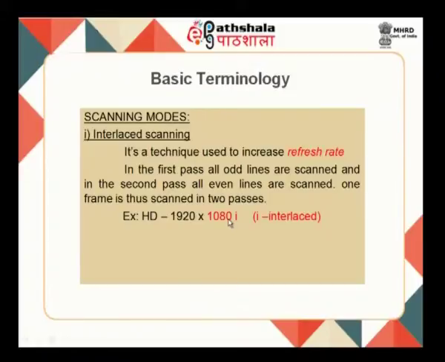The 1920 indicates the number of pixels along the width, and 1080 the number of pixels along the height. There is one important character by the side of 1080, which is I, and the I indicates interlaced. If you ask for an HD TV, they might show you a 1920 by 1080i display device. That means the display device uses the interlacing technique to refresh the screen as many times as per the refresh frequency.